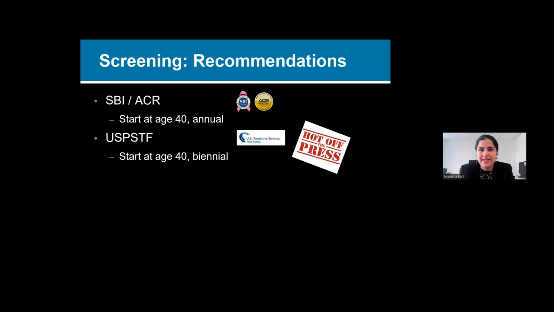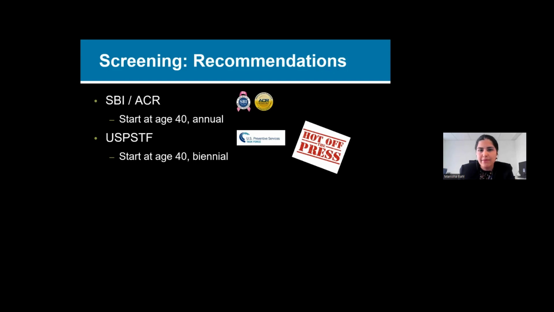Previous USPSTF guidelines had recommended starting at the age of 50, but the USPSTF now endorses starting at the age of 40. Unlike the SBI and ACR, the USPSTF recommends every other year screening, biennial screening, rather than annual screening. Per the USPSTF, every other year screening provides most of the benefits with less of the harms.